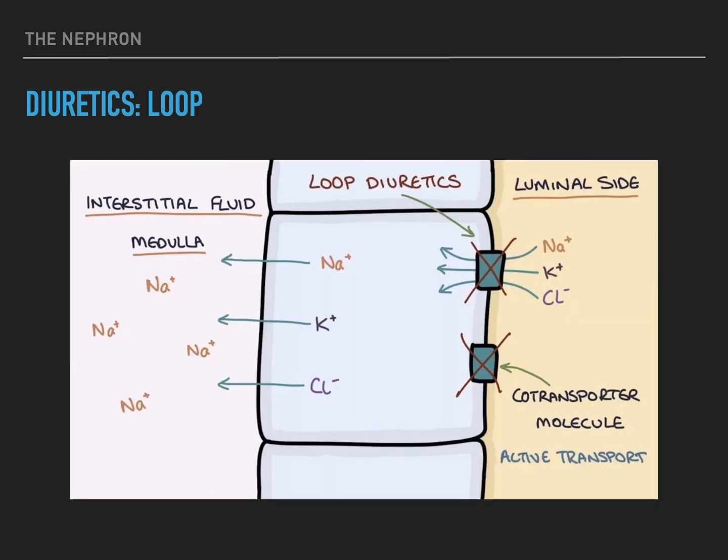This picture shows what happens with the inhibition of the sodium-potassium-chloride cotransporter, which is located on the luminal side of the loop of Henle lumen wall. You can see that the sodium is no longer being transported from the luminal side into the interstitial fluid, and this leads to more sodium remaining in the lumen of the tubule, which pulls more water into the lumen of the tubule and makes more urine.